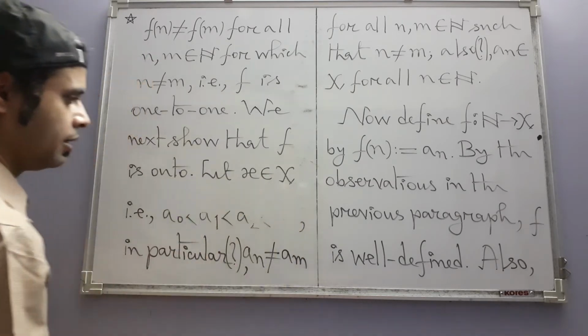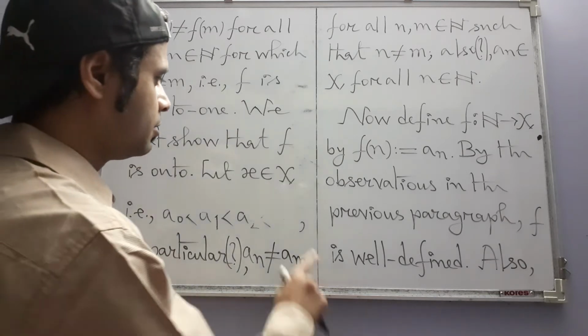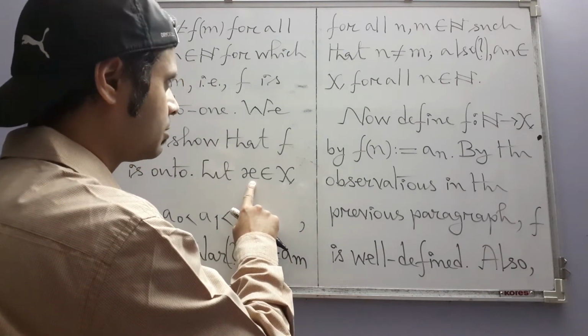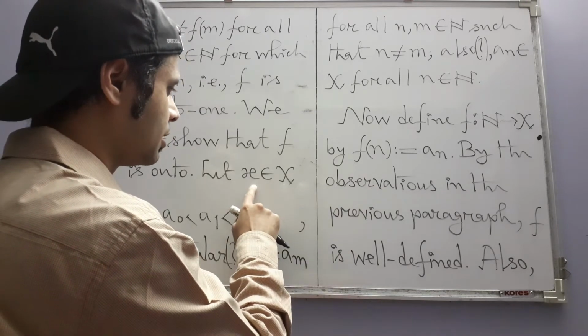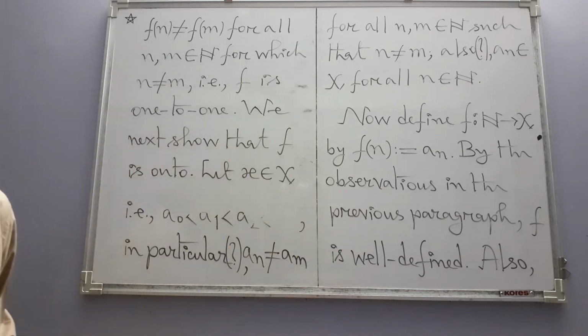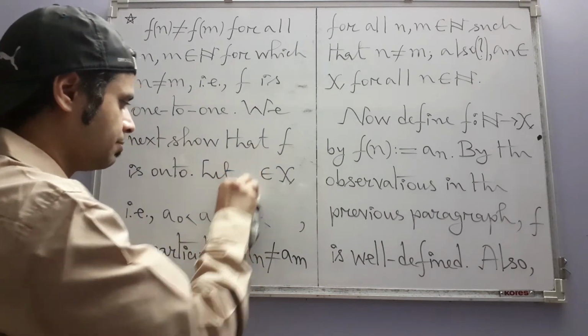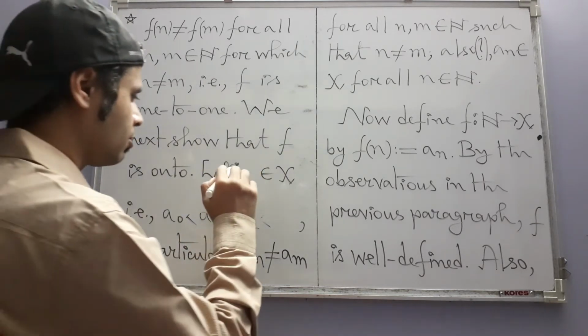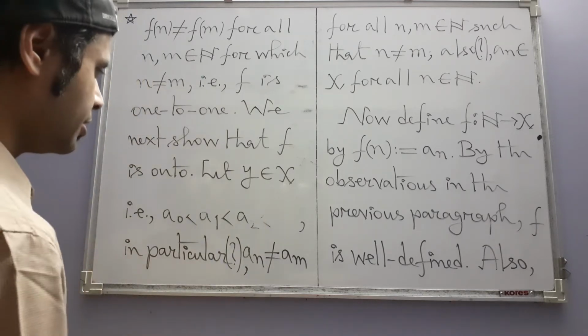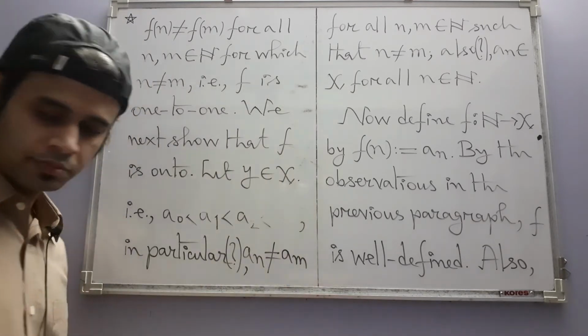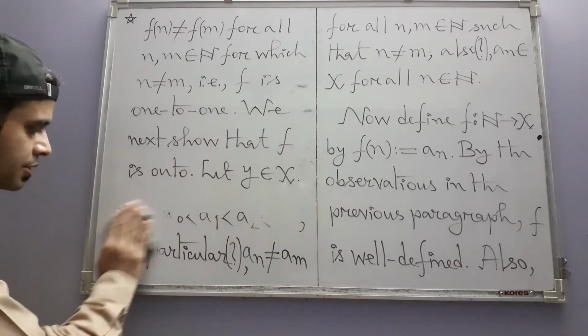Okay, so let x be any element in X. This x and the definition of an, that also has a set in which you are in. I think this will create a little bit of confusion. Let me call it y. Okay, let y be any element in X. So our supposition is this.